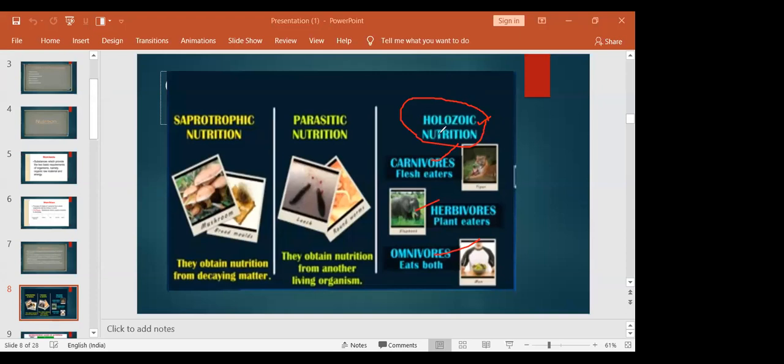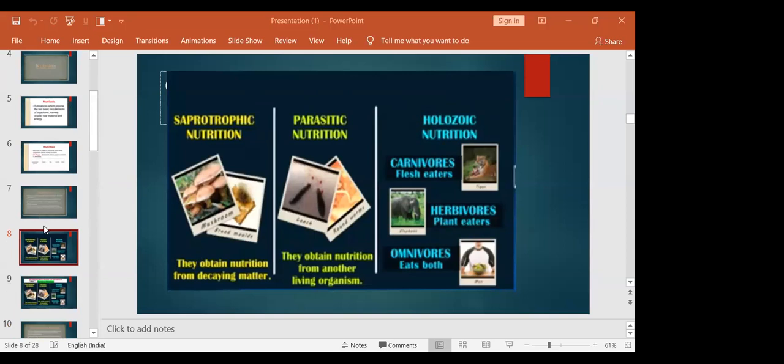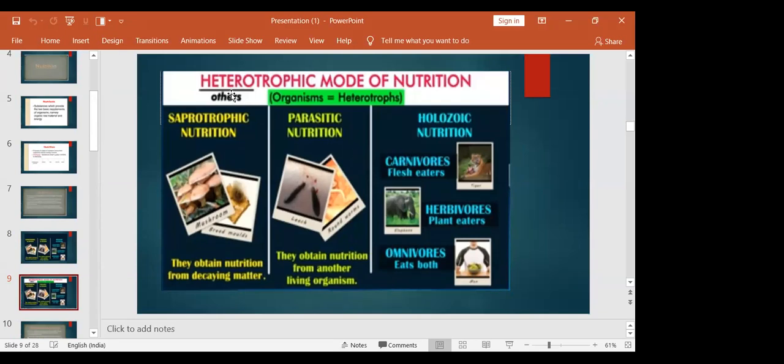So these organisms also depend on other living organisms. Whatever we discussed, saprophytic, parasitic, holozoic nutrition, all these organisms depend on dead and decaying matter or other living organisms. All these organisms are considered heterotrophs. Look here, children.